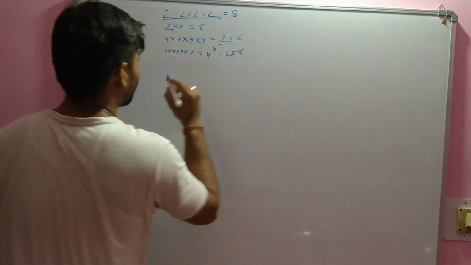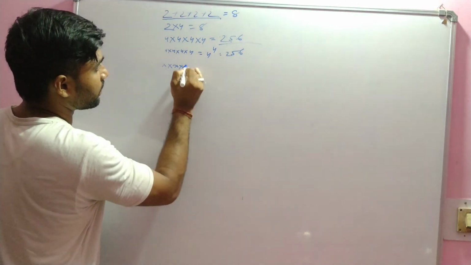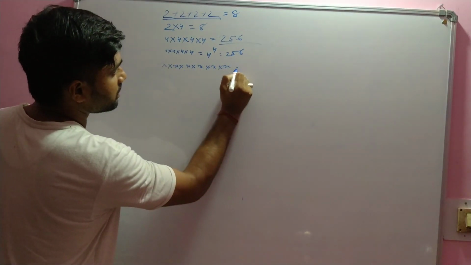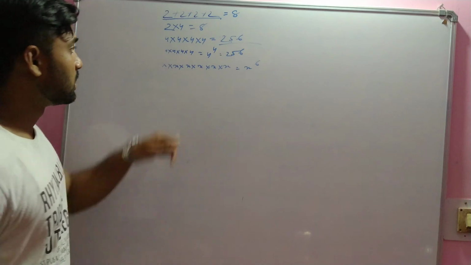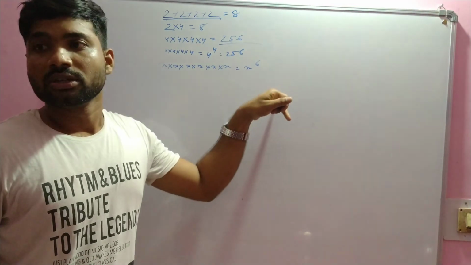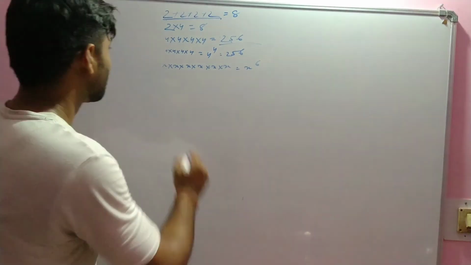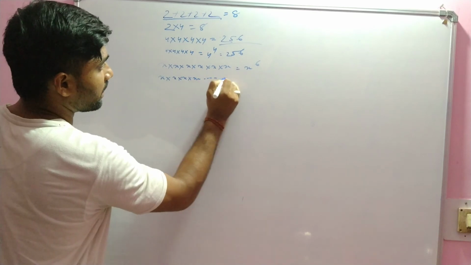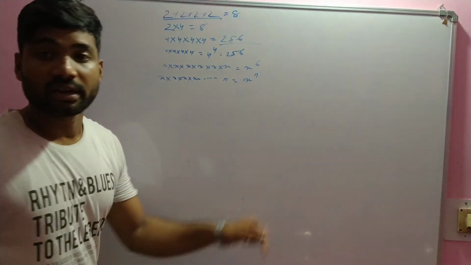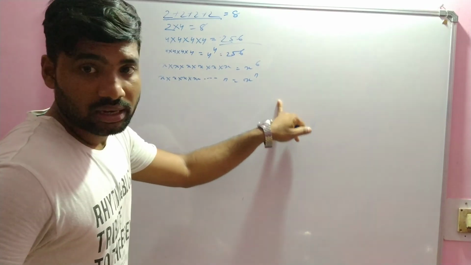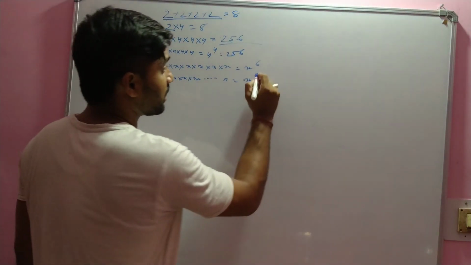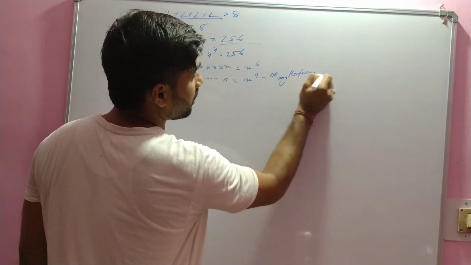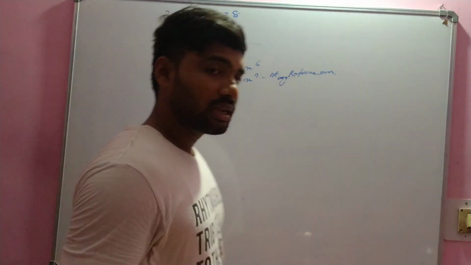So similarly, if x into x into x into x into x into x, 1, 2, 3, 4, 5, 6, x is multiplied by itself 6 times, so it may be written as x to the power 6. If x into x into x, n times, it may be written as x to the power n, where n is an integer, or any rational number, and x is any real number.